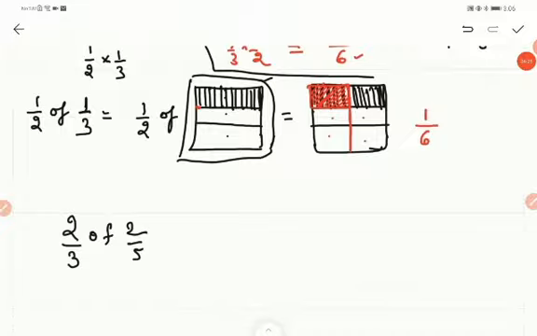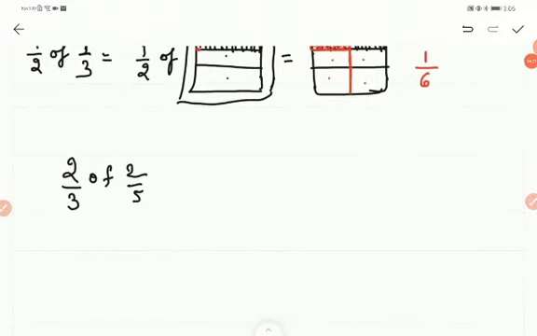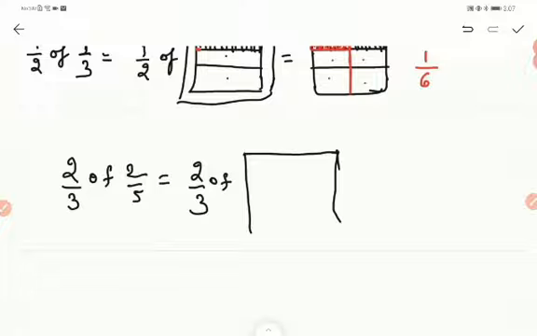Now let us consider one more example. 2 by 3 of 2 by 5. How do you draw this? 2 by 3 of, so first take 2 by 5. You have a square which is divided into 5 parts.